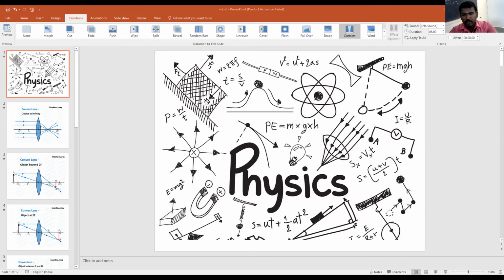Students, see this one. Now I'm going to show the diagram for image formation separately.